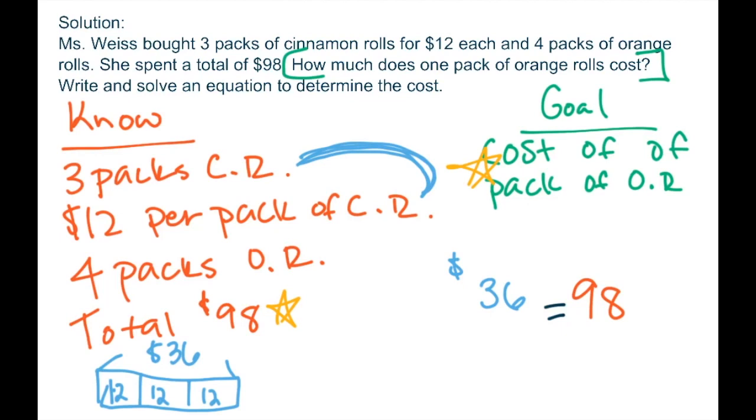So I'm going to use the variable C to represent the cost per pack of the orange rolls.